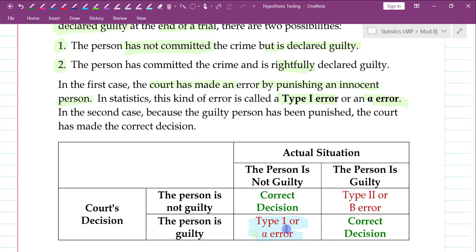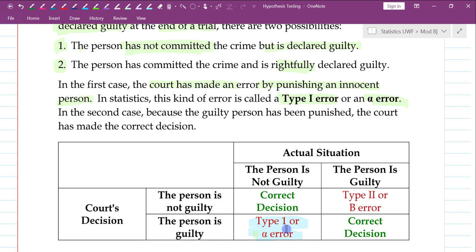Okay? We would rather miss the fact that they really are putting in less than 12 ounces of soda in their cans than to declare that they are putting in less than 12 ounces when the reality is they're not. Okay?